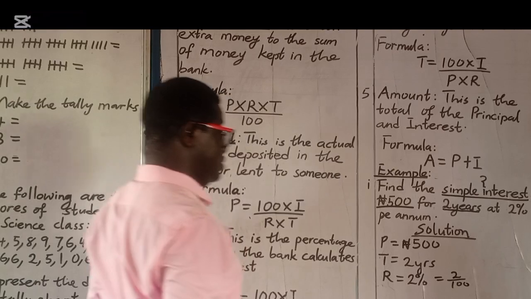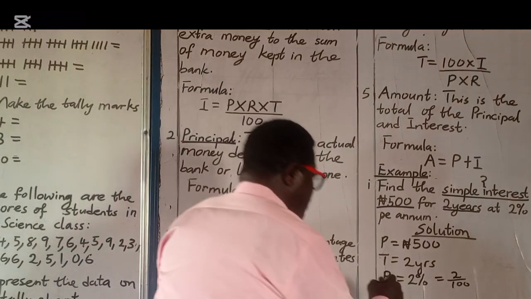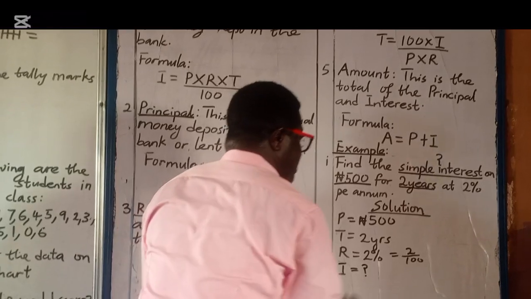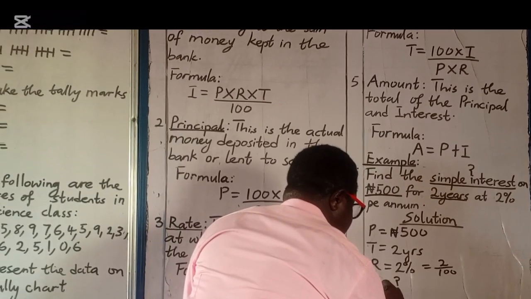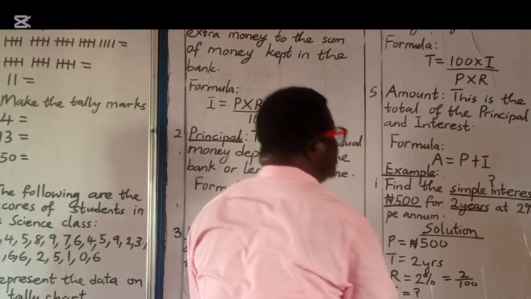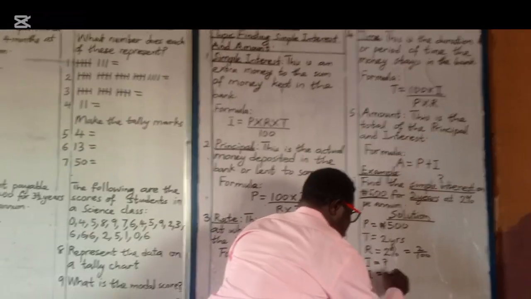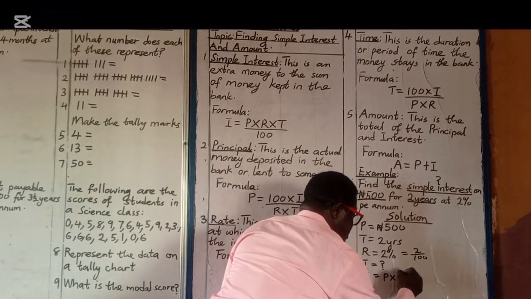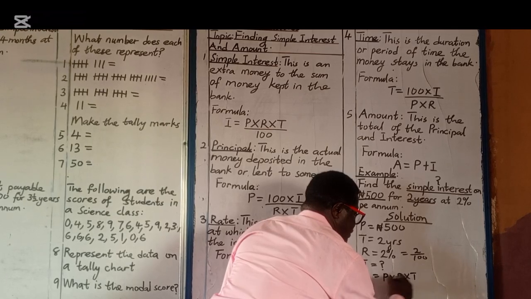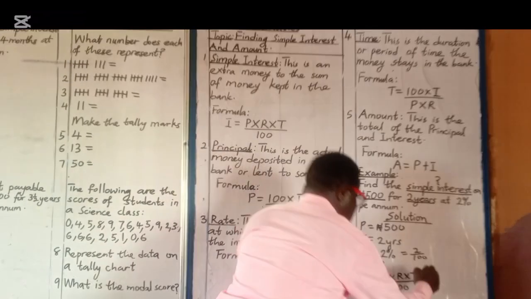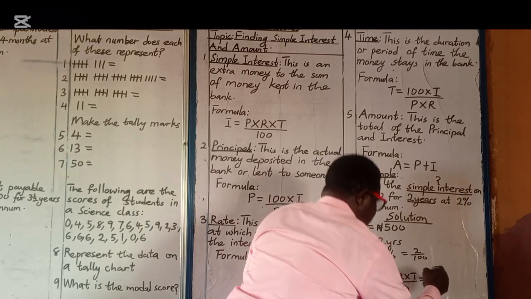Okay? So now, what are we looking for? We are looking for interest. And the formula says interest equals principal times rate times time all over 100. So your principal is 500 naira.